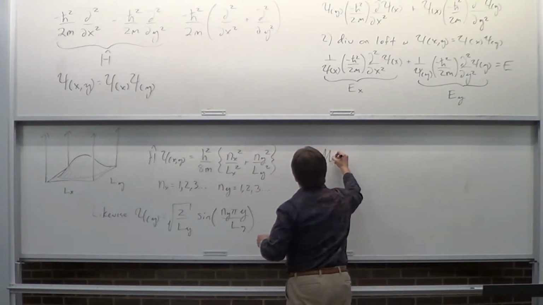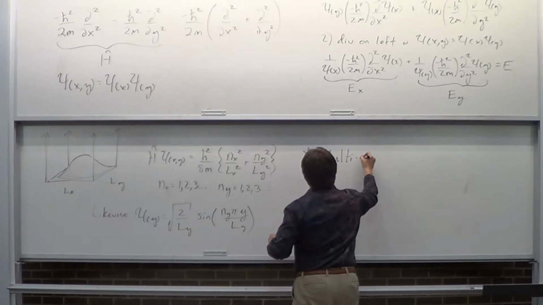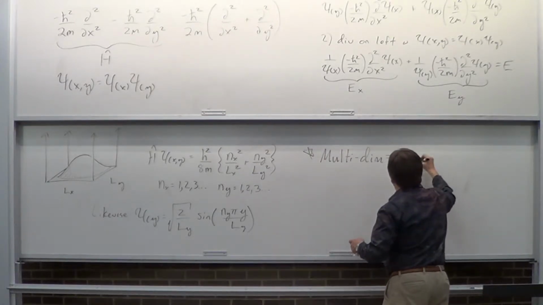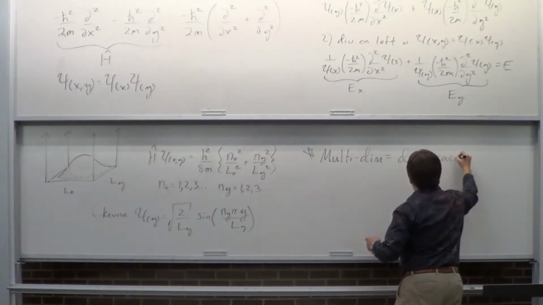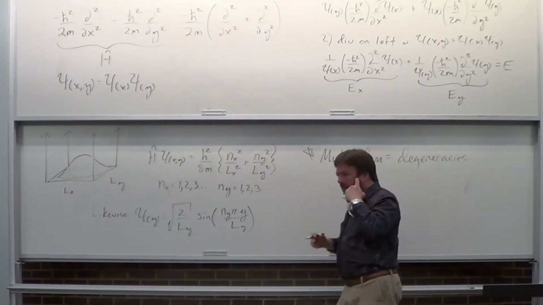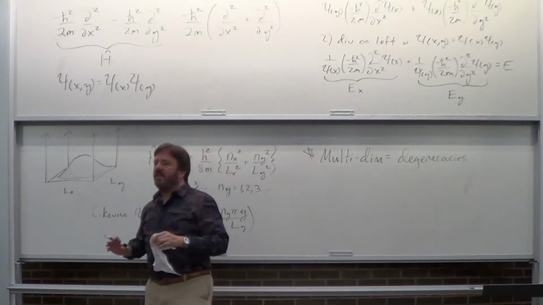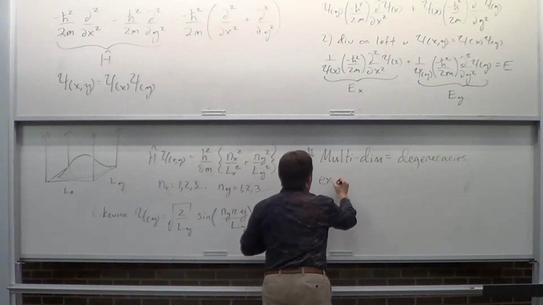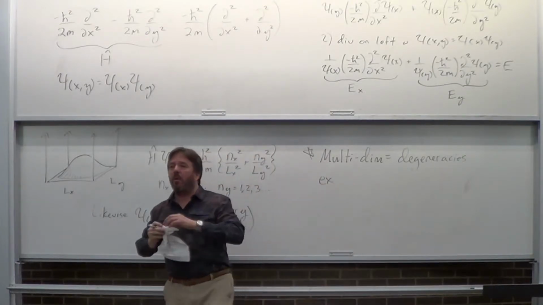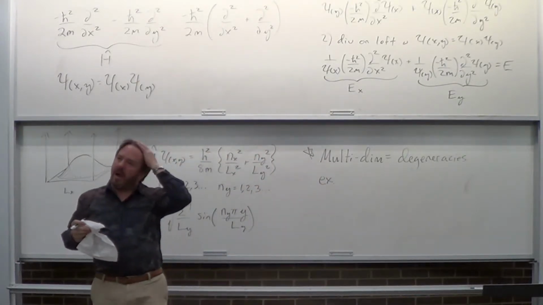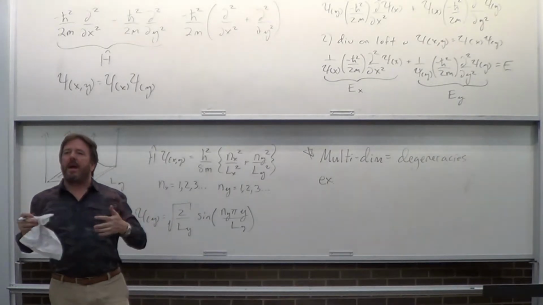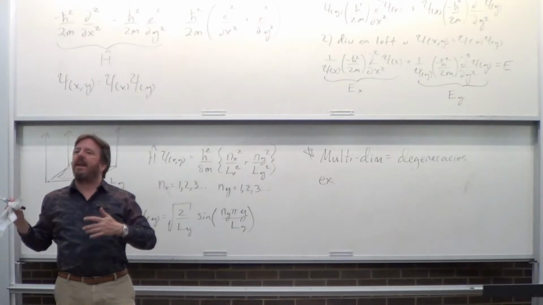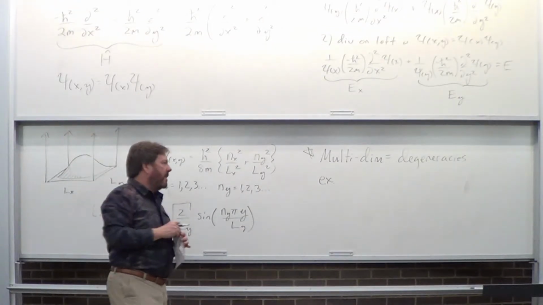So, multi-dimensions equals degeneracies. Now, degeneracy is when 2 states have the same energy. And you simply cannot muster that in 1 dimension. Think of the 1-dimensional particle in a box where nx is 1, 2, 3, 4. Every state has a different energy.